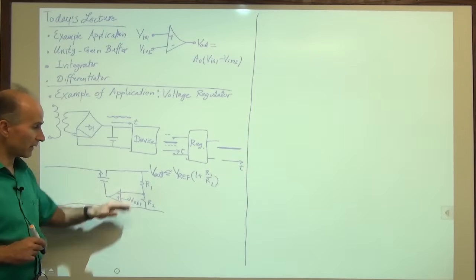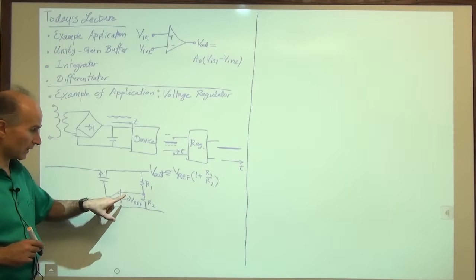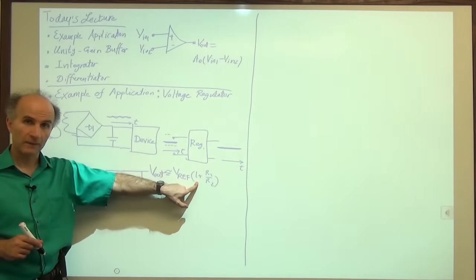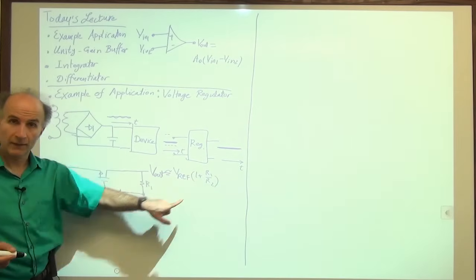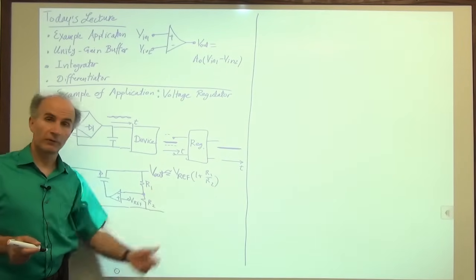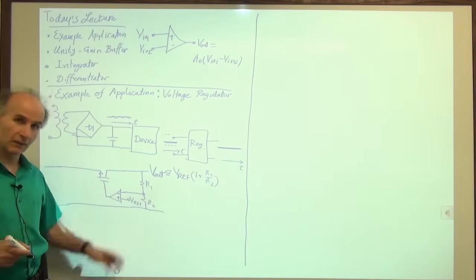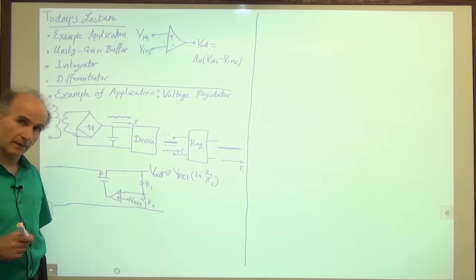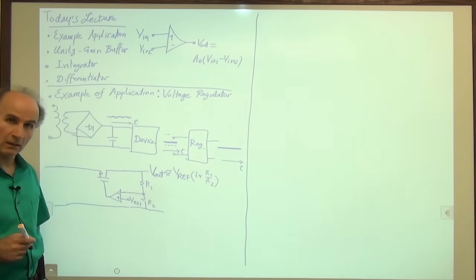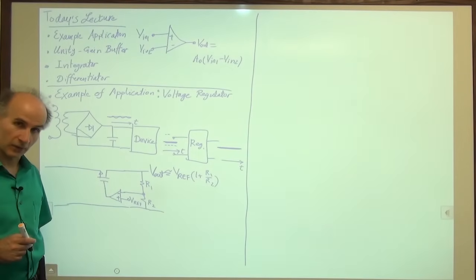And it constantly does that to make sure that this voltage is approximately equal to this, which means this output is approximately equal to this. So you want to have 15 volts, and let's say the reference is 3 volts. I choose this number to be 5. And I'm guaranteed to have a nice, stable voltage at the output. So that's a very popular use of op-amps in various electronic applications.